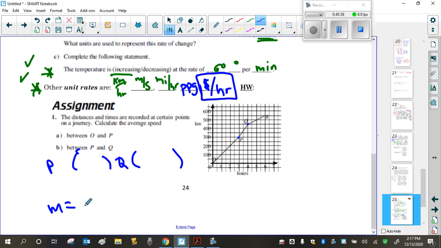That's going to be the average speed between P and Q. And then write it as an answer sentence, kind of. The average speed is either increasing by 30 kilometers an hour or decreasing. So P to Q, what was the average speed?